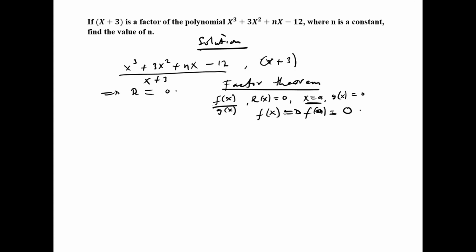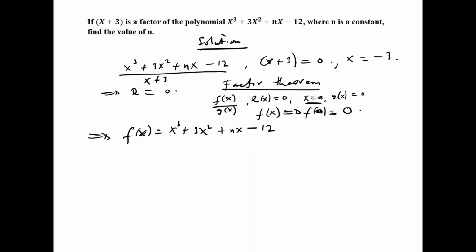In that case, we are going to equate x plus 3 to 0, which means our x will be equal to minus 3. If we apply the factor theorem, originally our f of x is equal to x cubed plus 3x squared plus nx minus 12.